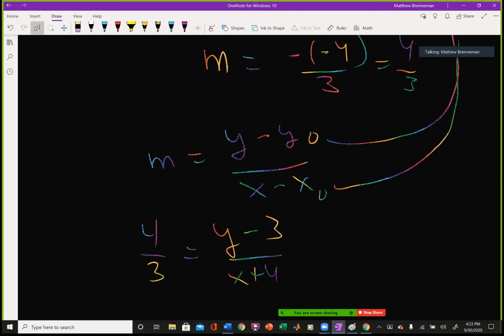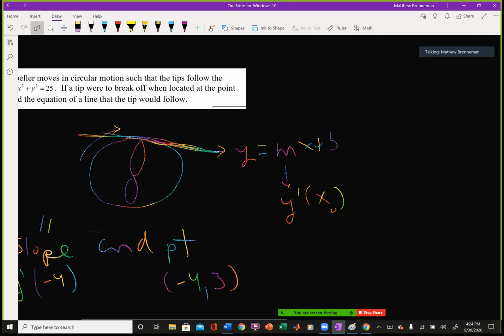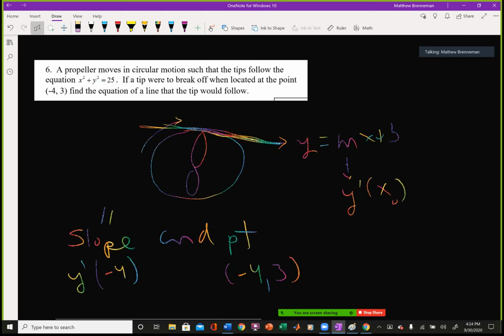And I'll leave that for you to solve for y. But that's how we set that up, okay? The thing that a lot of students wouldn't know, but I did mention this before in class, is that when you have a particle exhibiting circular motion, if for some reason it ends up breaking off, that object ends up moving along the tangent line to that circle.